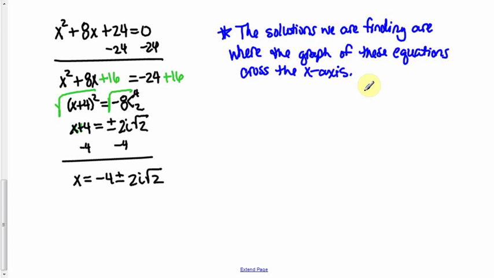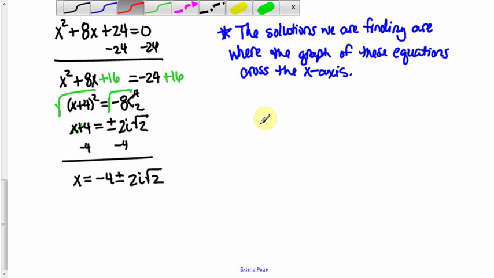Okay, let's move into a more difficult one. So we're going to stay on using completing the square and the square root property. We're just going to do one that looks a little different.